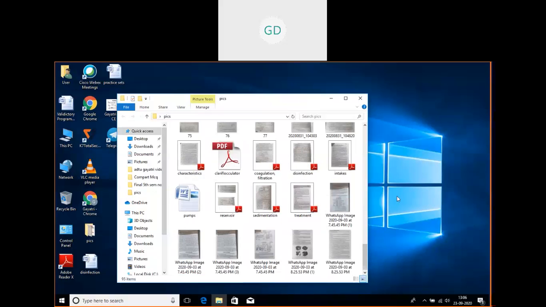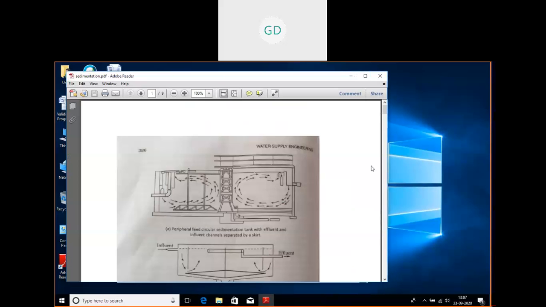You might have written the topics in your copy. So, what was the last topic that we discussed? Anyone? Sedimentation aided with coagulation.